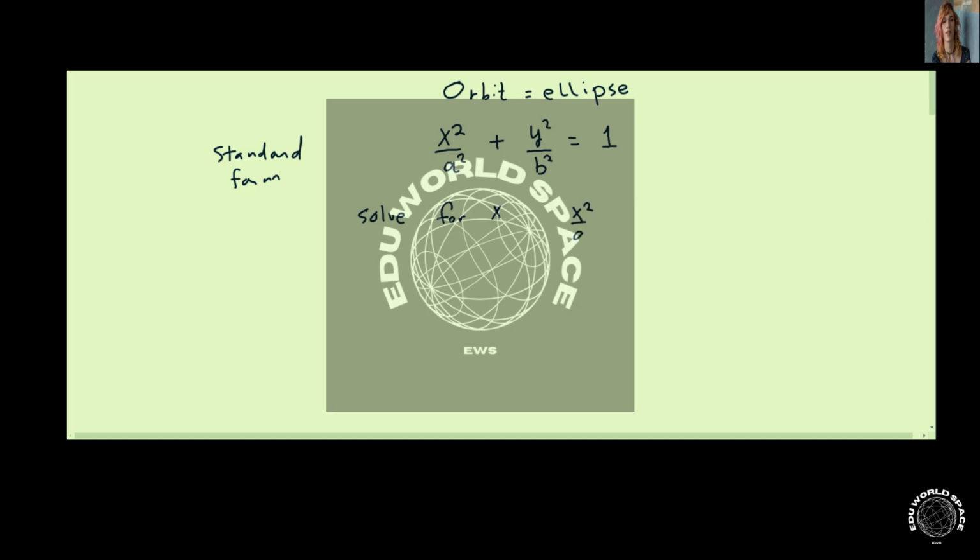X squared over a squared equals 1 minus y squared over b squared, and then separate it and take a square root. It's as simple as that. We'll start with the x, and of course taking a square root means that we get a positive and negative root.